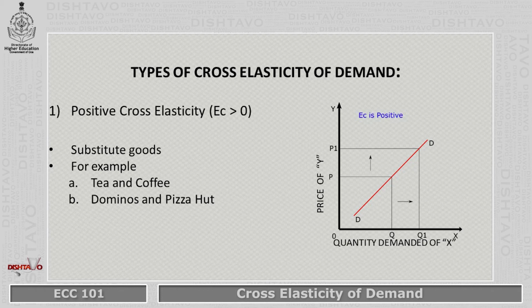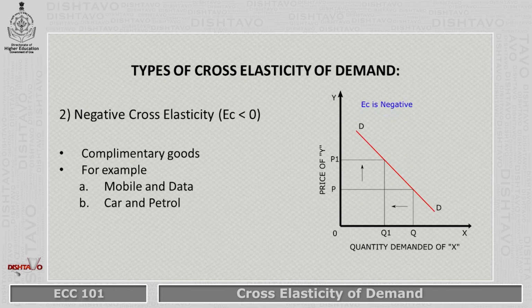We see that when the price of good Y increases to P1, the quantity demanded of commodity X also increases to Q1. This is because when commodity Y becomes expensive, people will shift to the substitute goods because they can be replaced in place of one another.